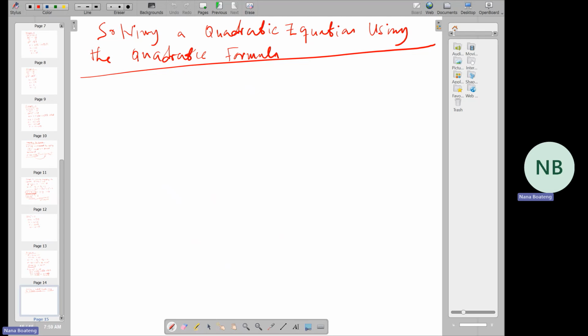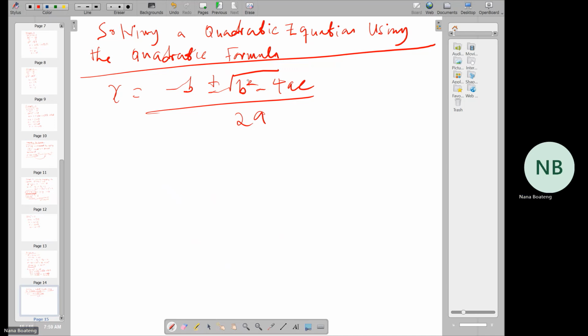All right, so the quadratic formula is x is equal to minus b plus or minus square root of b squared minus 4ac, all divided by 2a. So this is the quadratic formula. It is given by the square root of b squared minus 4ac. This term, b squared minus 4ac, we also call the discriminant.